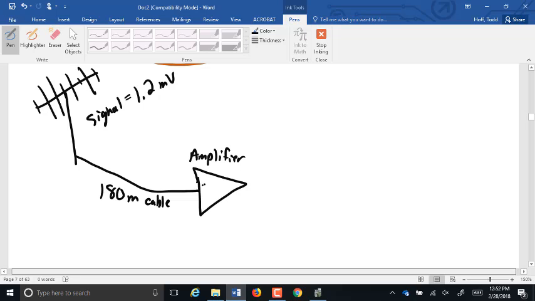This amplifier is a plus 12 dB amplifier. Then we go through a splitter.